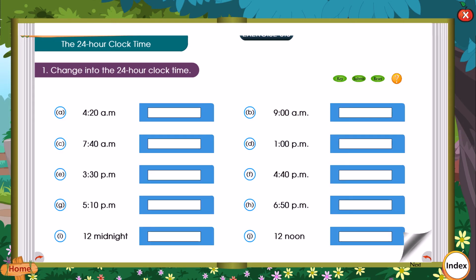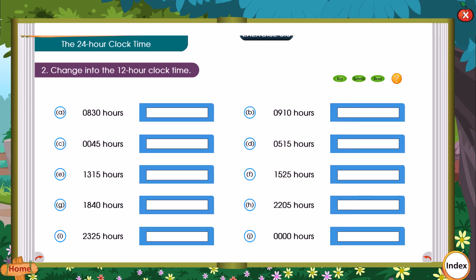Exercise. 2. Change into the 12-hour clock time. 3.